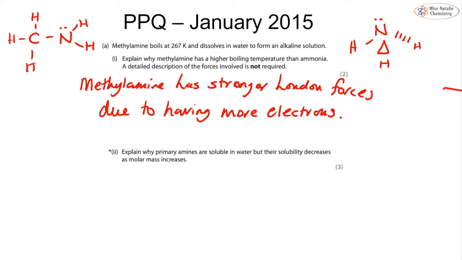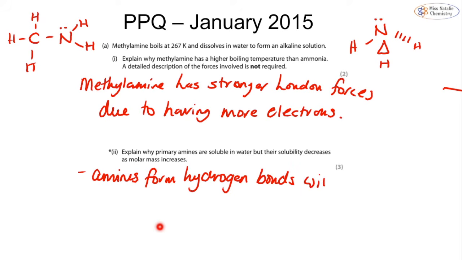Now we need to look at why primary amines are soluble in water, but their solubility decreases as the molar mass increases. It's a 3-mark question, so we know we're probably going to have at least 3 points here. The first point is to explain why primary amines are soluble in water: the amines can form hydrogen bonds with water. That's the first and most important part.